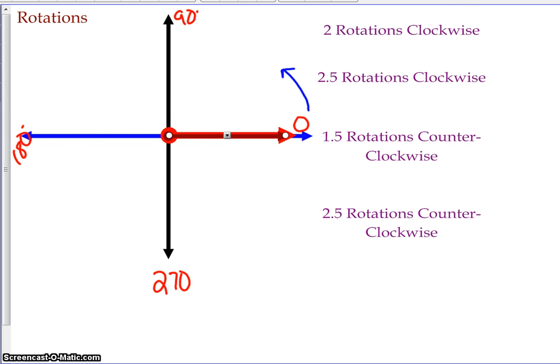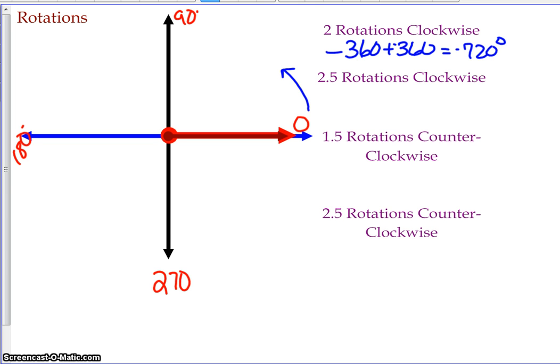So I went negative 360 plus another negative 360, which in the end is negative 720 degrees. So the way we mathematically say 2 rotations clockwise is to go negative 720 degrees.